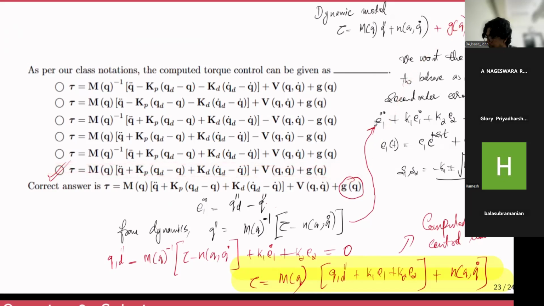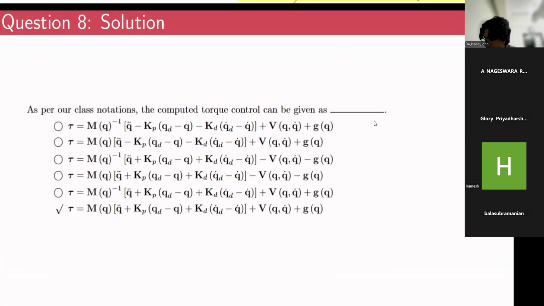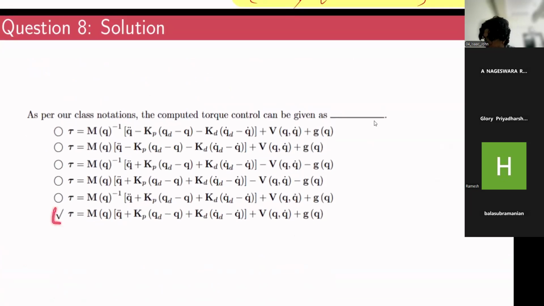But I believe the correct answer for this question, as per our class notation, is that the computed torque control can be computed as per this equation. I think everything else looks incorrect. So the answer is indeed the final option.